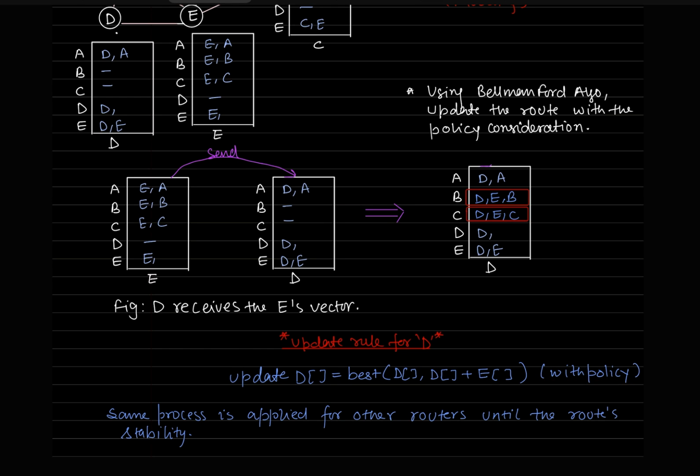Suppose if any vector is not to be added, you do not want to add it, simply you can avoid the route. Suppose you do not want to add this router in the path, you do not make any change once you get the vector from router E. If you do not make any change on D once you get the vector of E, that means you are avoiding the router E, right?